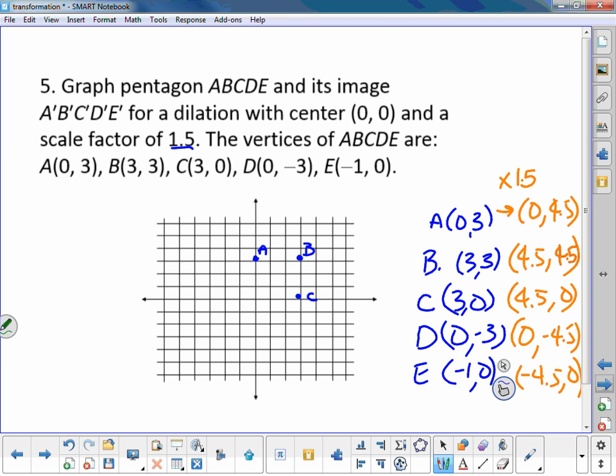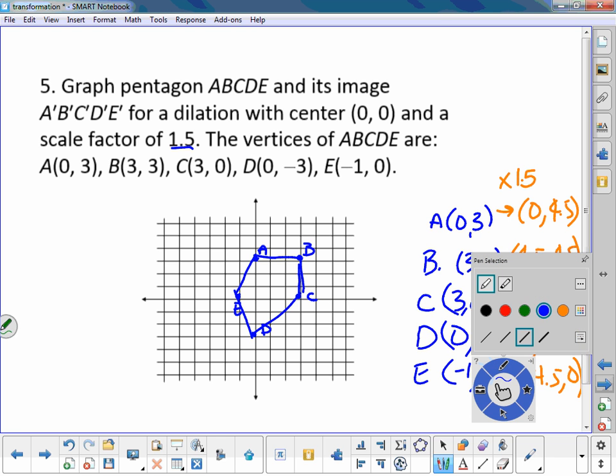D is at 0, -3. Sorry, 1, 2, 3. And E is at -1, 0. So this is my original pentagon.